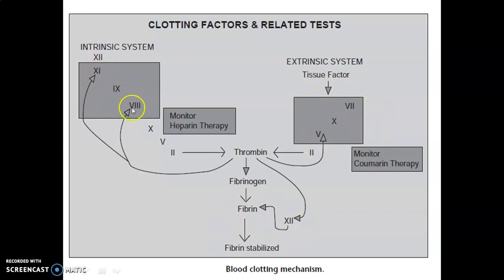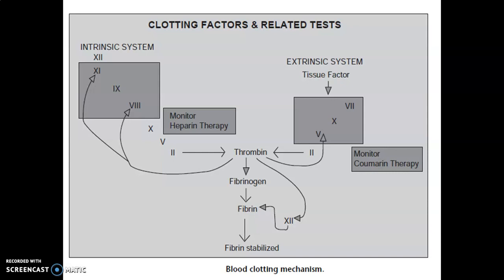Now we will see what the intrinsic pathway is. It involves factor number 12, factor number 11, factor number 9, factor number 8. The intrinsic pathway begins with any factor such as trauma to the cell or trauma to the blood cells, or exposure of the blood to collagen. This causes activation of factor 12.